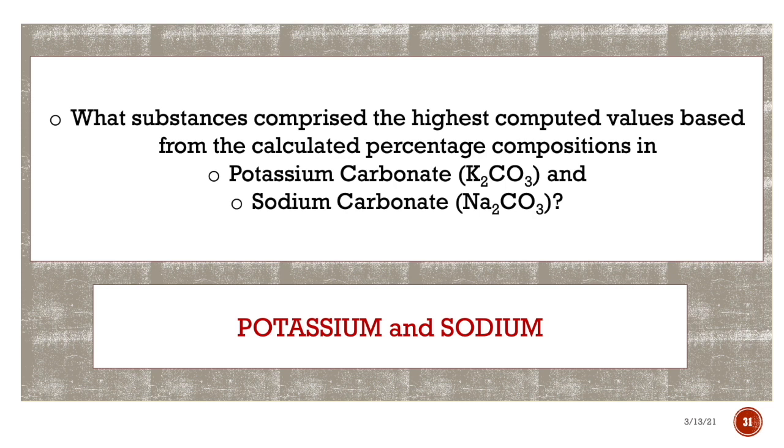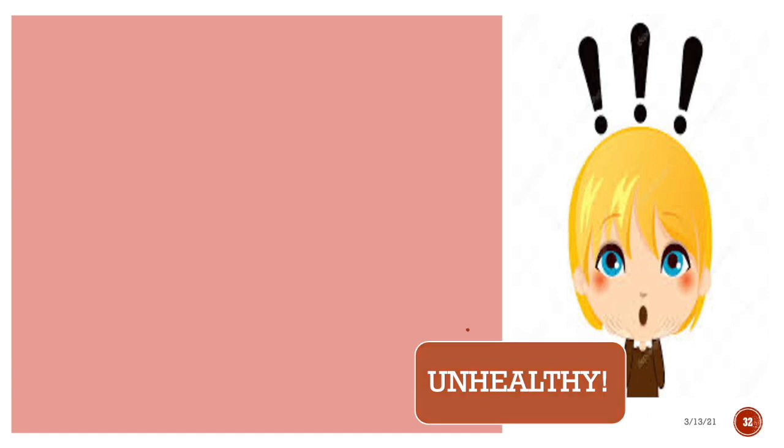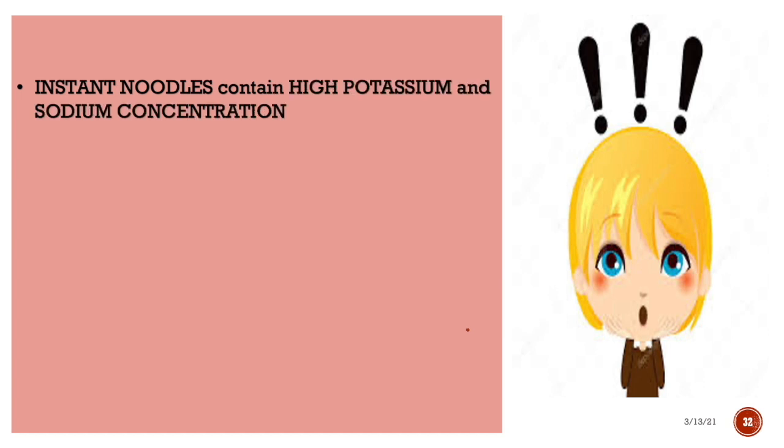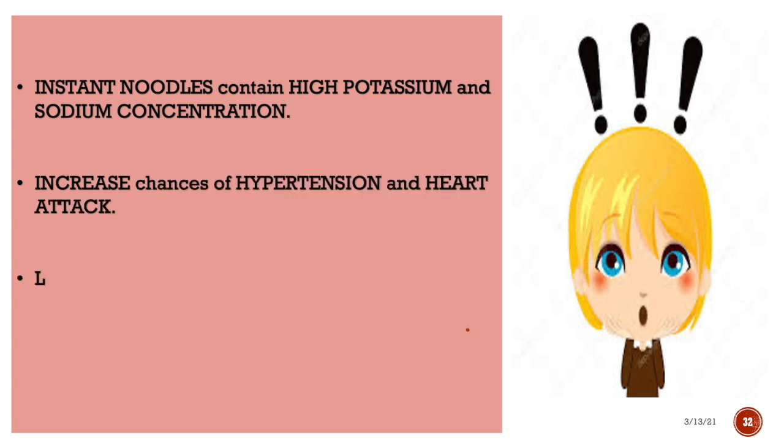This reveals the dark side of instant noodles. Instant noodles contain high sodium and potassium concentration. These substances are not good for our body. This may cause hypertension and heart attack.